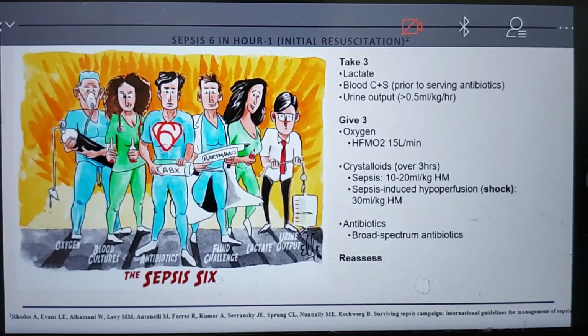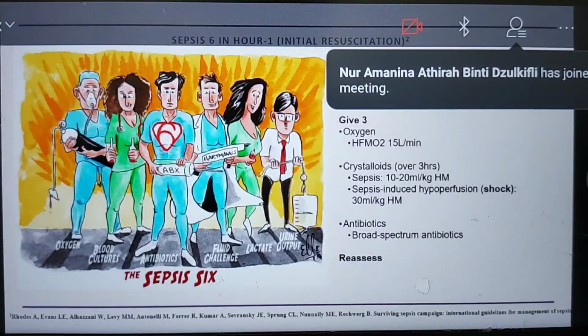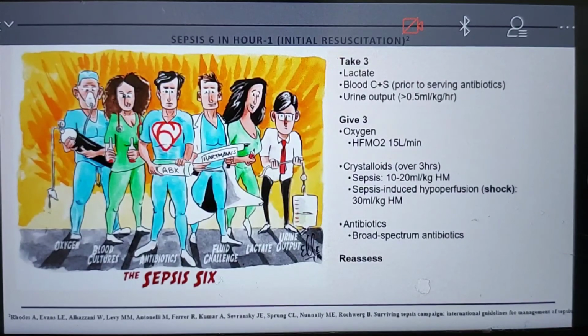We need to make sure the patient has urine output more than 0.5 cc per kilo per hour. Then what we need to give to the patient is oxygen, high flow mask, 15 liters per minute if indicated, and crystalloid. If sepsis, we give 10 to 20 cc per kilo Hartmann.